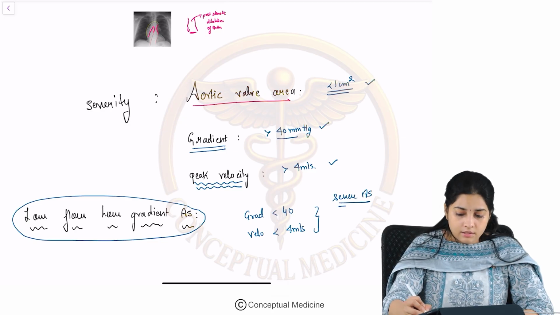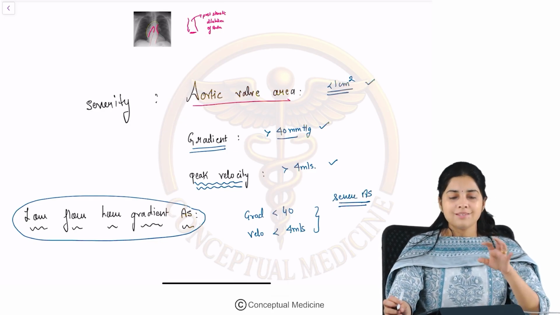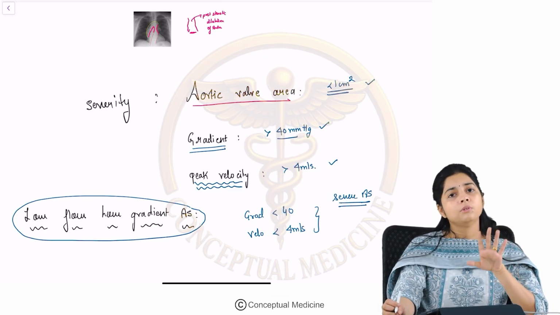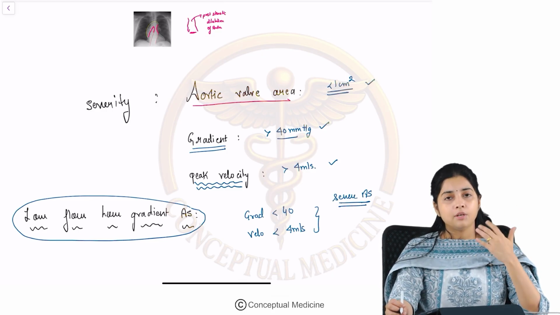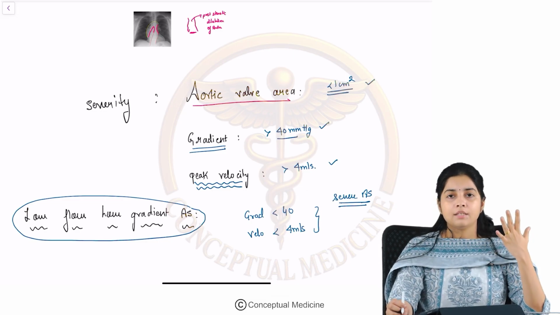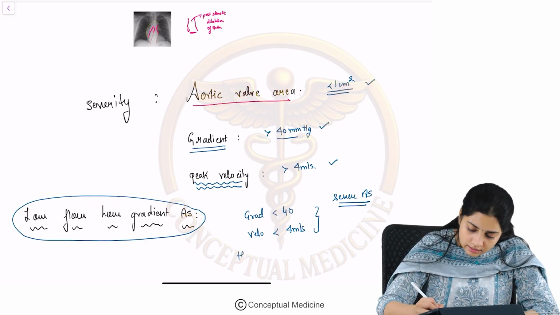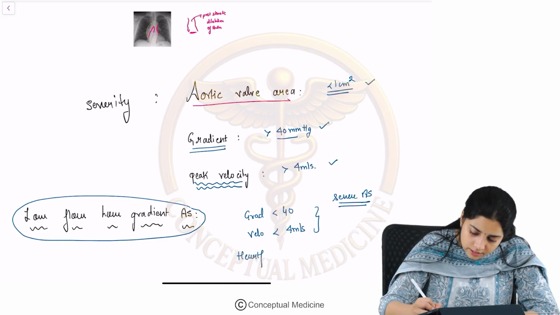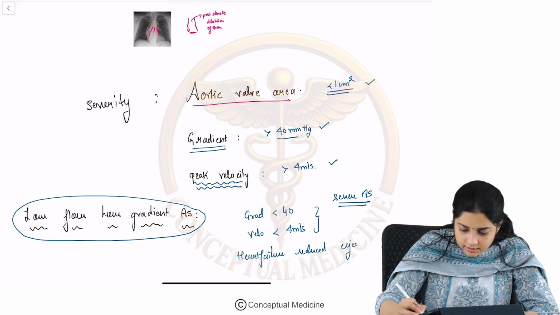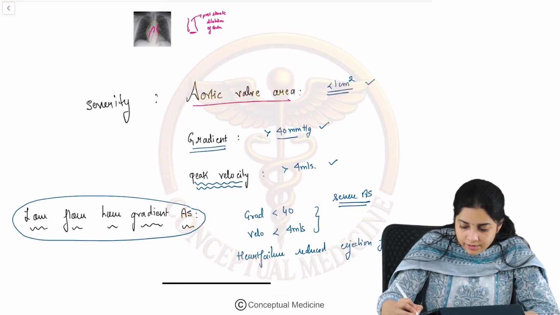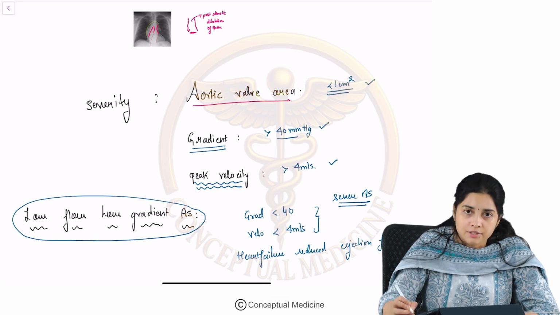This is what we call a low flow, low gradient aortic stenosis, and this is seen in heart failure with reduced ejection fraction.